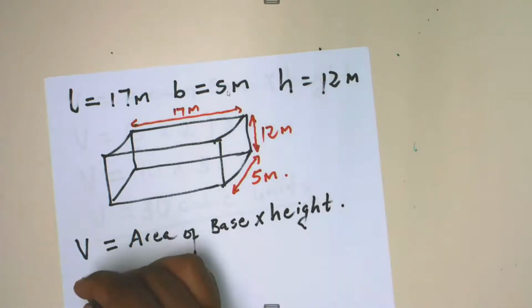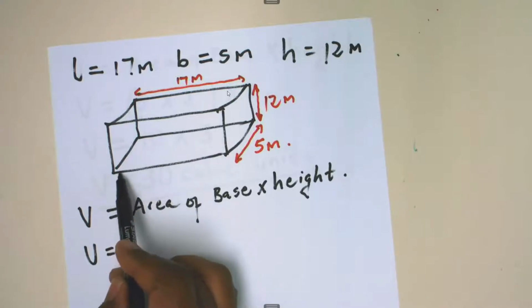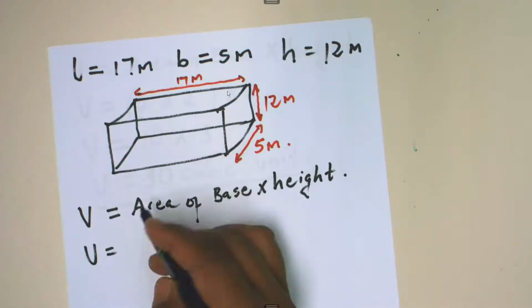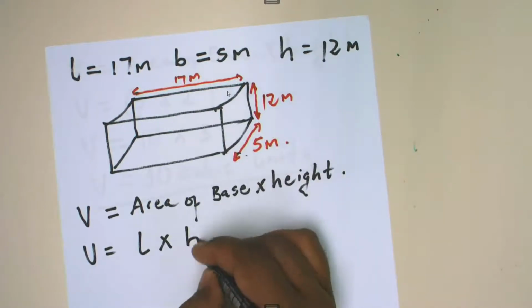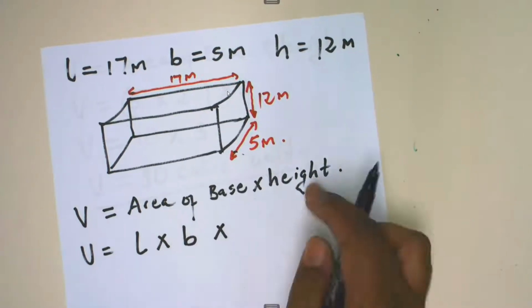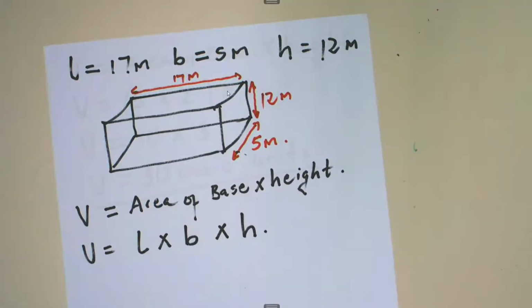In this case, the area of the base will be given by the length multiplied by the breadth. And then we multiply this by the height. And therefore, we can confidently say, this is the formula that we will use from now on to find the volume of a rectangular prism: area of the base multiplied by the height.